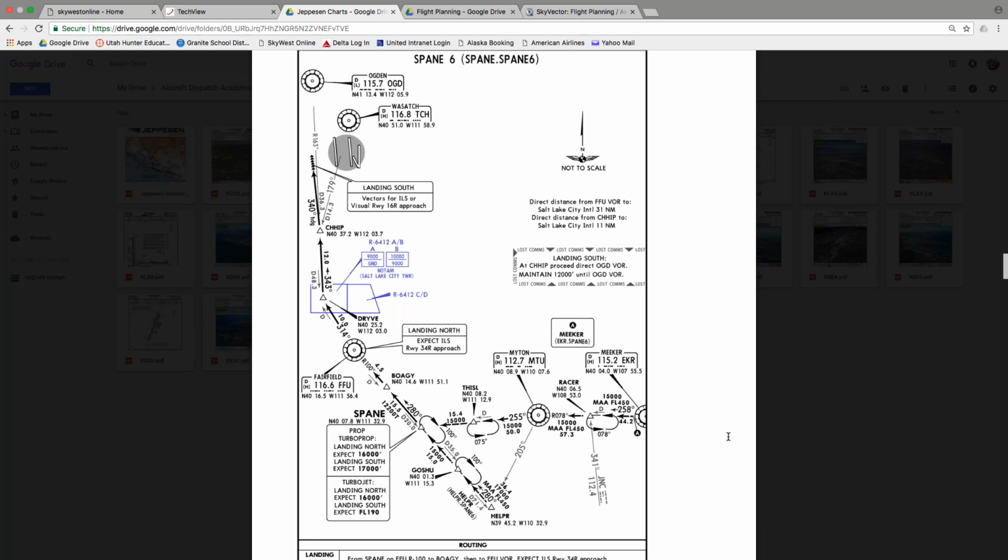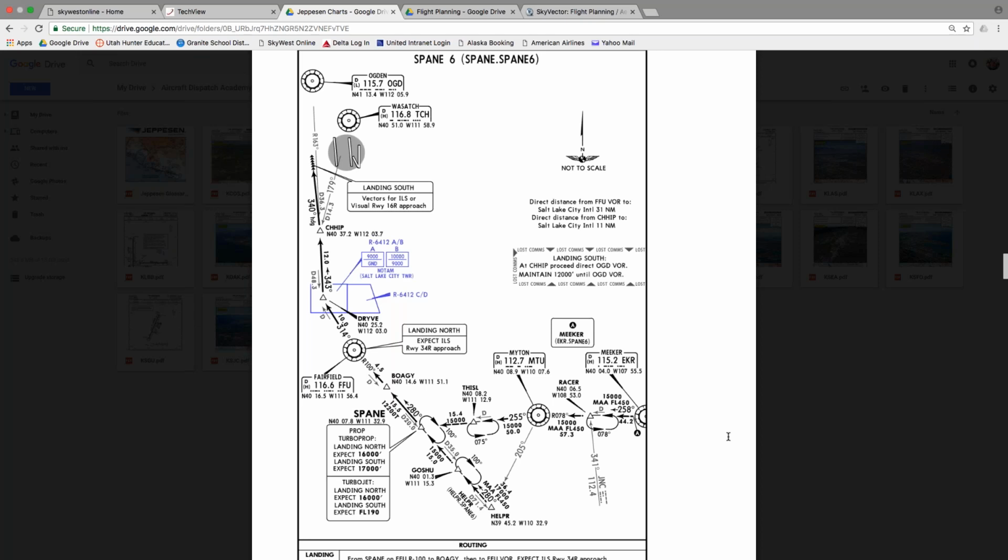This SID and this star is both for landing. You can land on the 34s or the 16s with this. So as you come along here, it's giving you all this different information. Like, see this box right here says landing north, expect ILS 34 right approach. The thing is if you're landing north, they're usually going to turn you right here because you're already lined up.